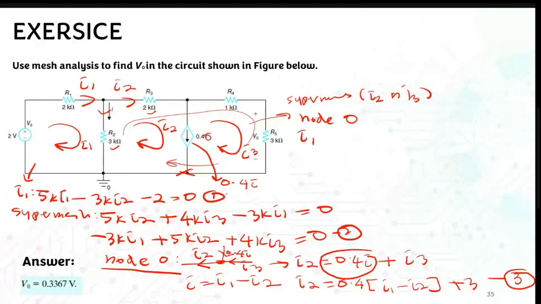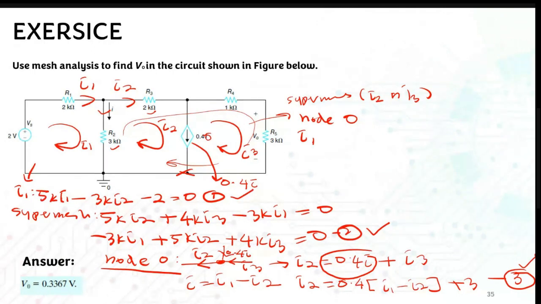So now it seems like you have a complete set of equations: equation 1, equation 2, and equation 3. I just want you to try to solve them yourself.